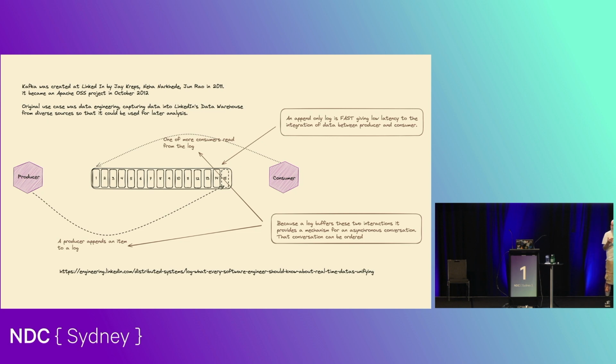The producer can be writing records to the log. The consumer can be rebooted, down for maintenance, releasing a new version. When it spins up, it just starts reading the log from the last place that it read to. Because both parties don't need to be present, we call it an asynchronous conversation, or more normally, messaging. So this is a way of doing messaging.